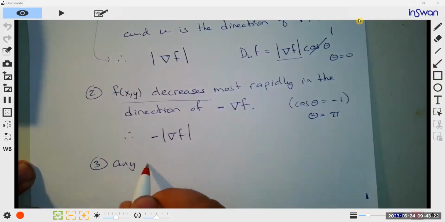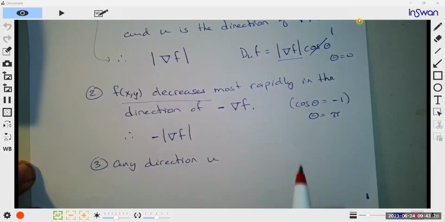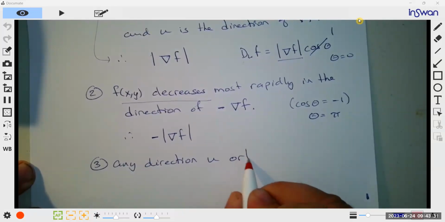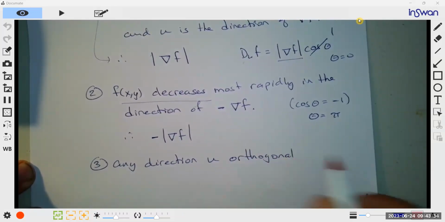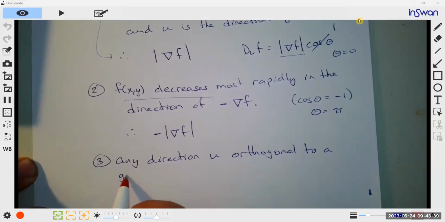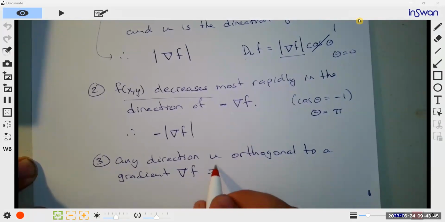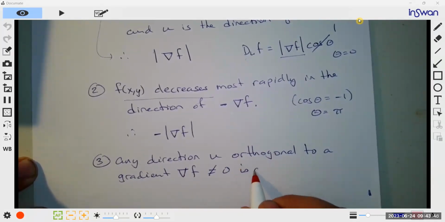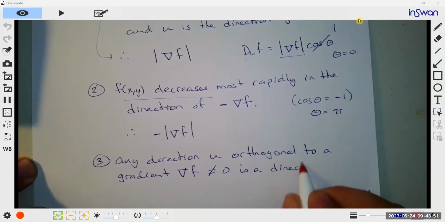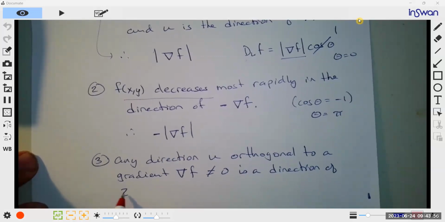And lastly, any direction defined by u orthogonal to a gradient del f not equal to 0 is the direction of zero change in f.